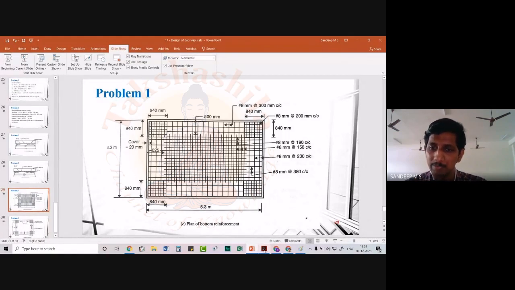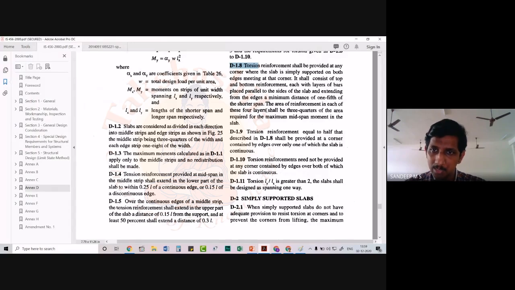So in that case, what we have to do? In that case, the torsional reinforcement equal to half that described here. So we have calculated 3/4 of maximum of mx or my and calculated the Ast corresponding to that. We have to provide only half that Ast. So torsional reinforcement equal to half that described in D1.8 shall be provided at a corner contained by edges over only one of which slab is continuous. The other will be discontinuous.